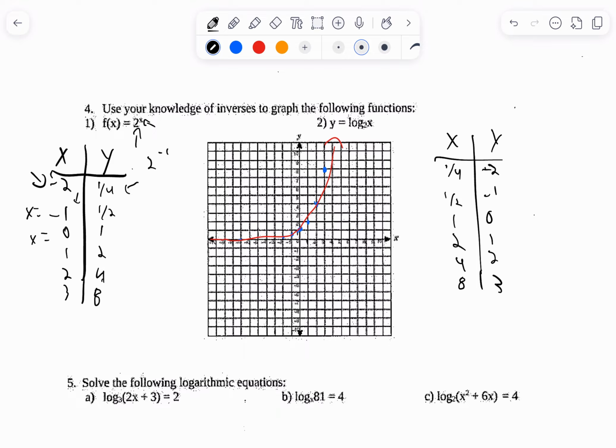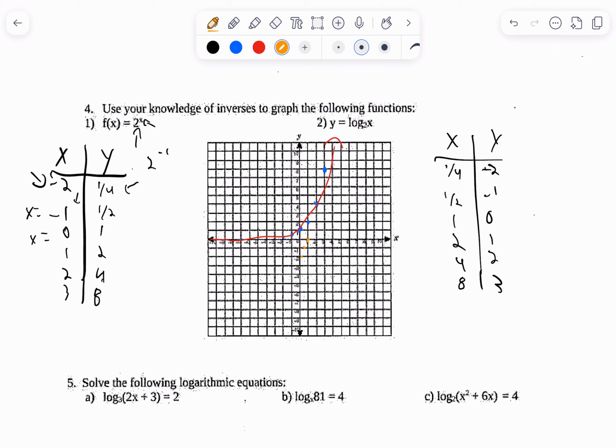Okay, so now we can graph this. So quarter and -2. Again, it doesn't have to be exact. I doubt she cares. So there, 1 and 0.